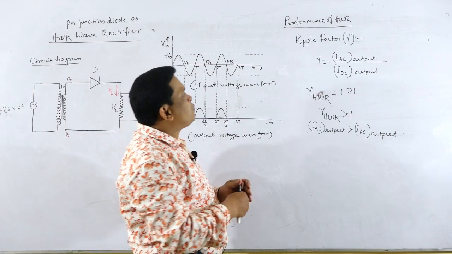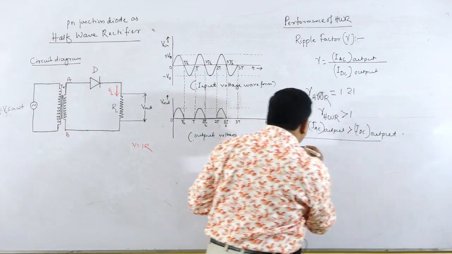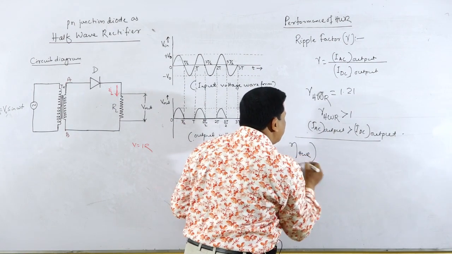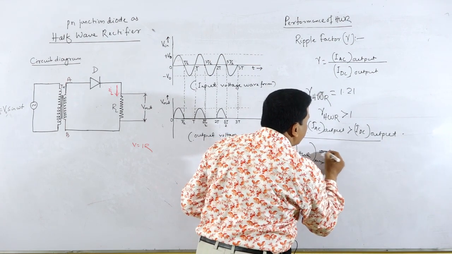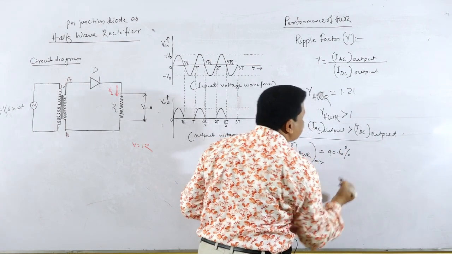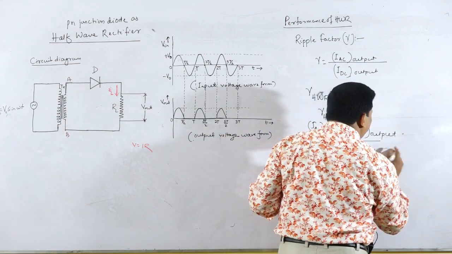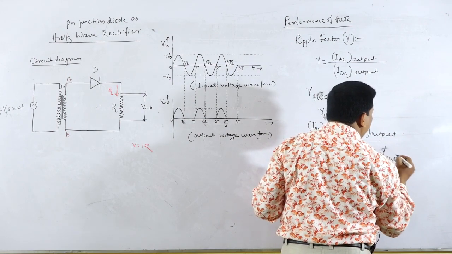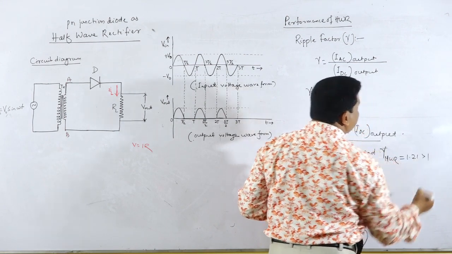So from these two parameters, that is your efficiency eta HWR, the maximum theoretical efficiency, is 40.6%, which is less than 50%, and the ripple factor for the half wave rectifier gamma is equal to 1.21, which is greater than 1.